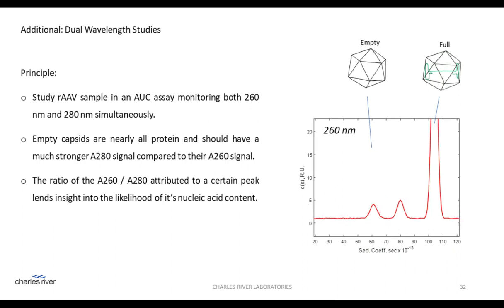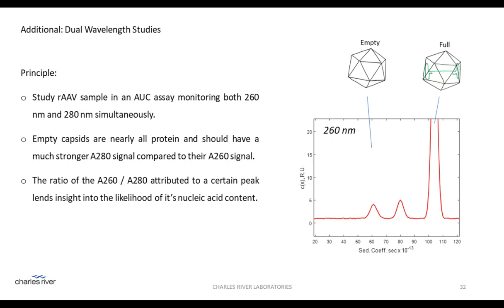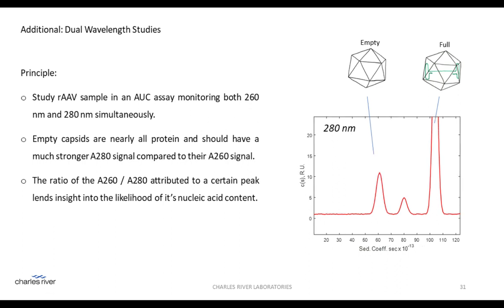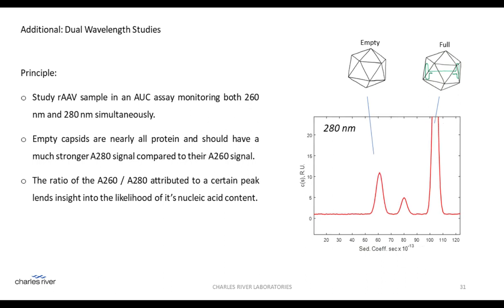In this example, which highlights the differential A260 and A280 signal of the empty peak, as I show in these two graphs, which I toggle between, you see a much weaker A260 absorbance for the empty peak compared to the A280 absorbance from the peak that derives from the same species.